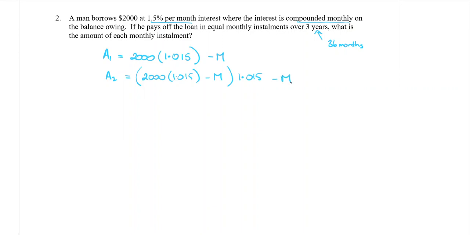When we expand that through, we get 2,000 times 1.015 squared minus 1.015 m minus m. We might just stick with 2 this time, we don't have to always go to 3. Sometimes in questions they'll specify how many they want you to do.